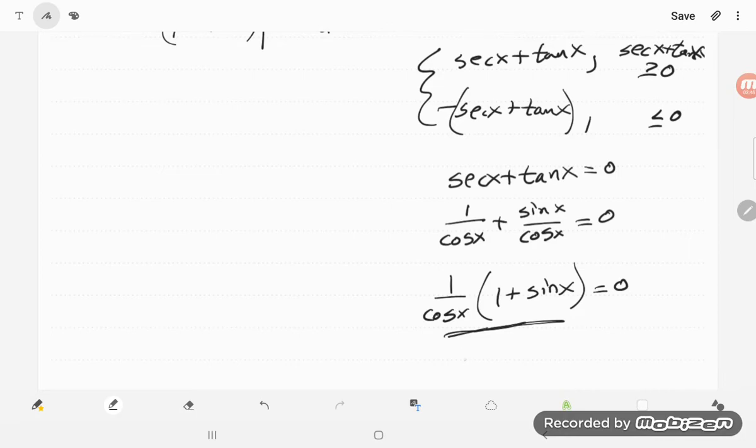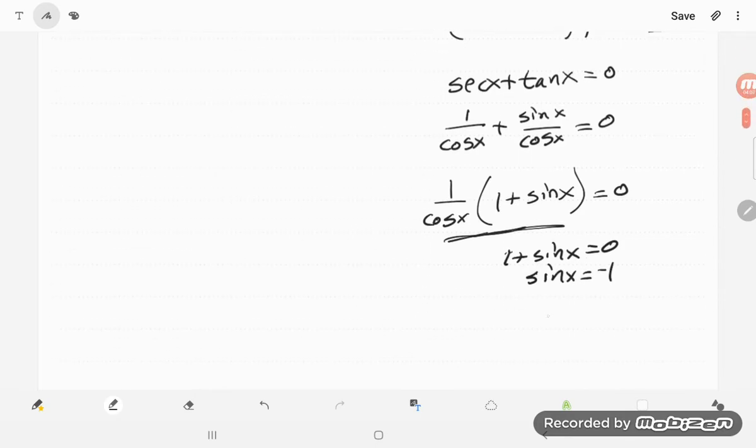And then we have when sine of x, we actually get 0 when what? When 1 plus sine of x is equal to 0, or sine of x is equal to -1. Well, that x would be things like minus pi over 2 or 3 pi over 2 and so on.